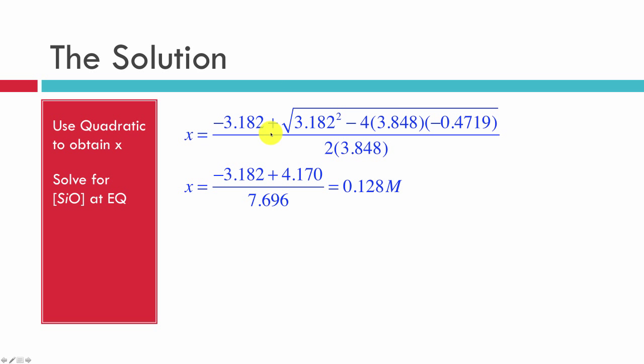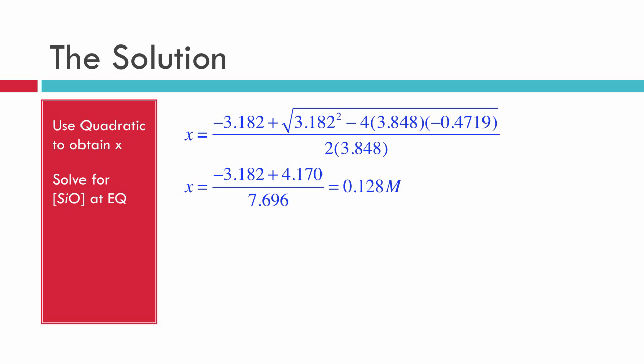In this particular case, because we have a negative number right here, our only option to get a physically real answer for x is just to add. So we can actually skip the subtraction part. However, if this is not a negative value, you need to take into account both possibilities. So if we plug these numbers into our calculator, we get 0.128 as our x.